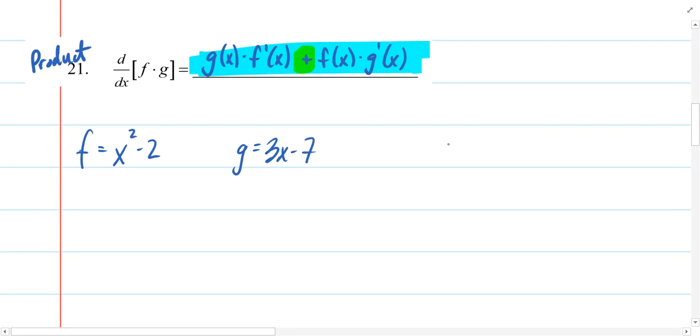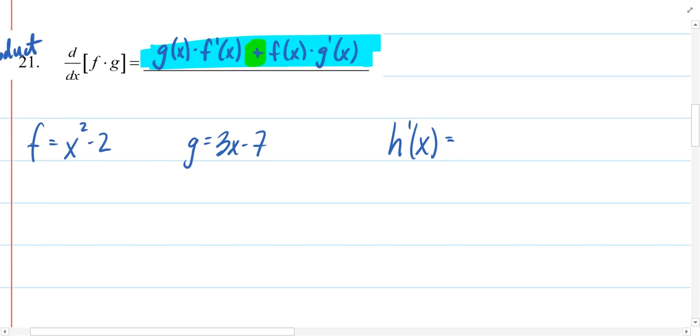So if my job is to find the derivative, in this case of h, because h is the product of f and g, I need the original function g times the derivative of f plus the original function f times the derivative of g.